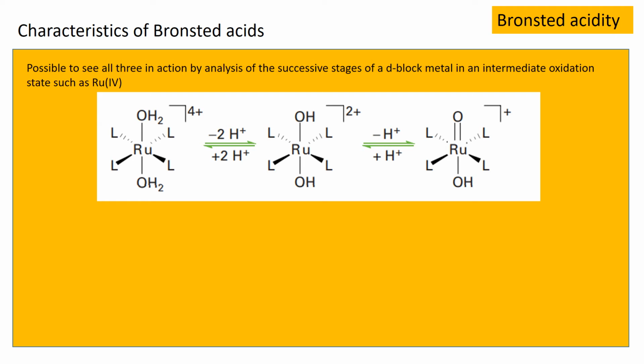You can actually see all 3 of these in action if you analyse the successive stages of a D-block metal in an intermediate oxidation state, such as this ruthenium compound. Have a look and see if you can identify the sort of proton donation mechanism for each of those.